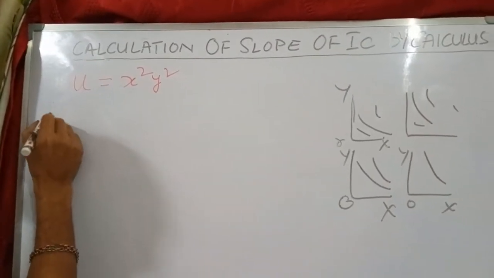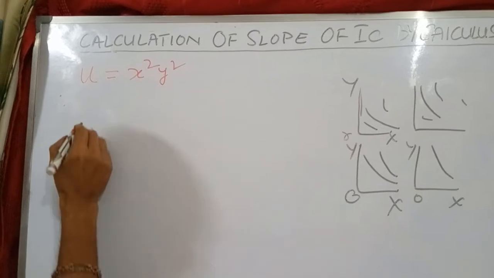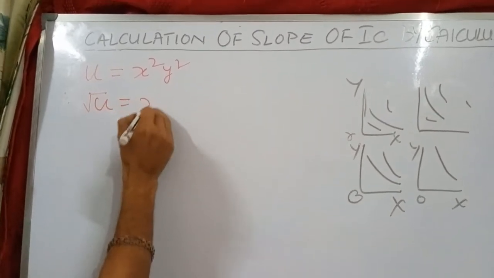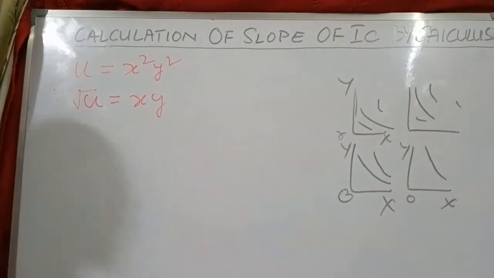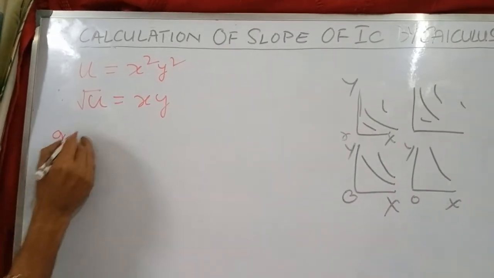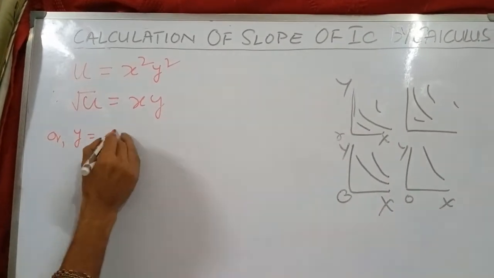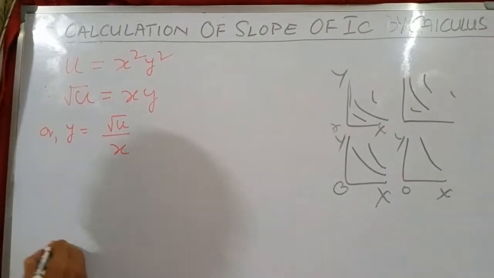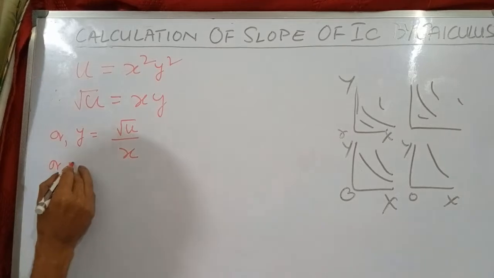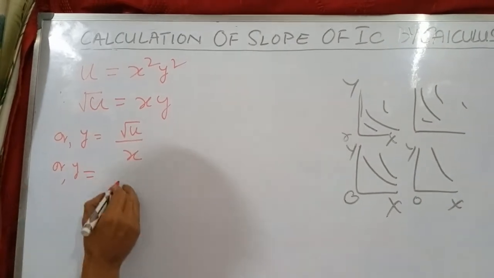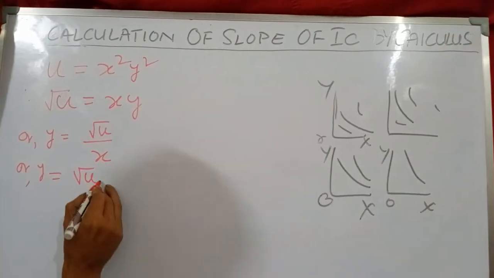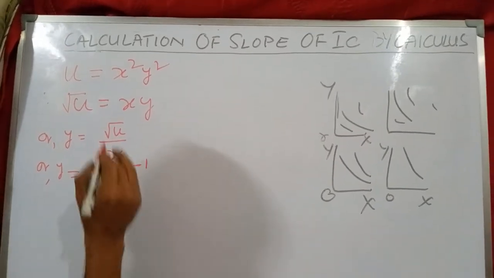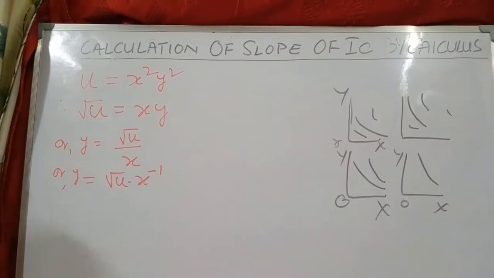Therefore, root over u is equal to xy, or y equals root over u divided by x, or y equals root over u into x to the power minus 1.